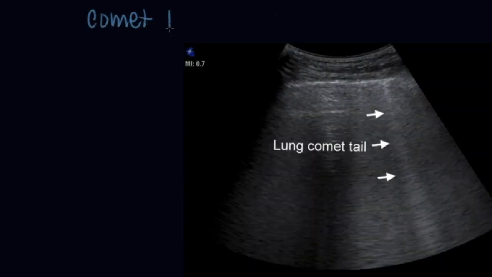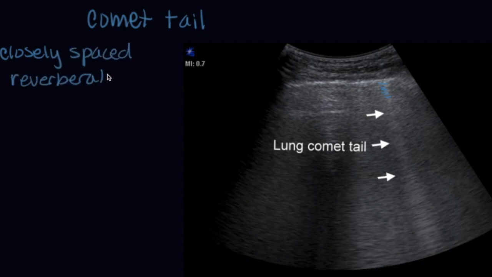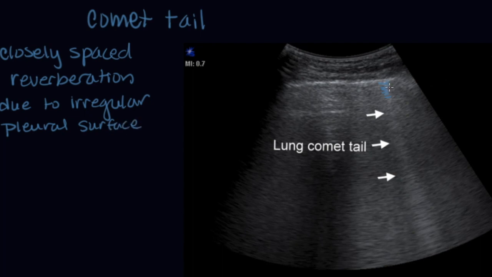Comet tails are closely spaced reverberation artifacts caused by multiple reverberant reflections from irregularities in the pleural surface. The irregular reverberation pattern is closer together and begins to coalesce into what appears as hyperechoic streaks within the deeper tissues of the lung.